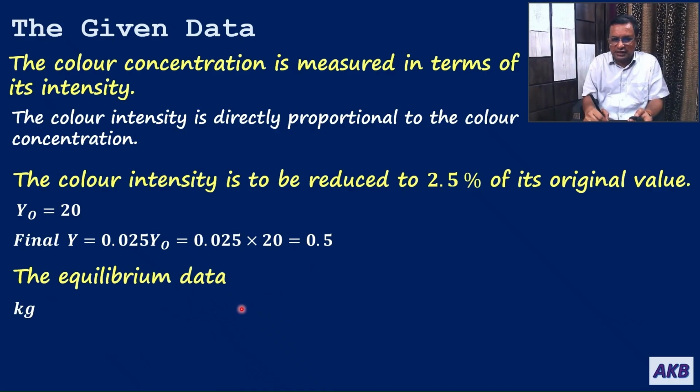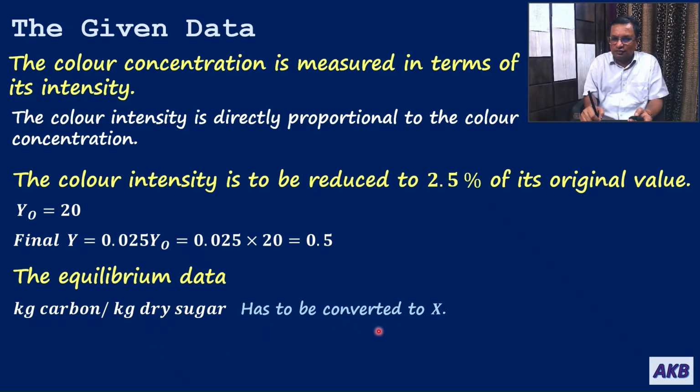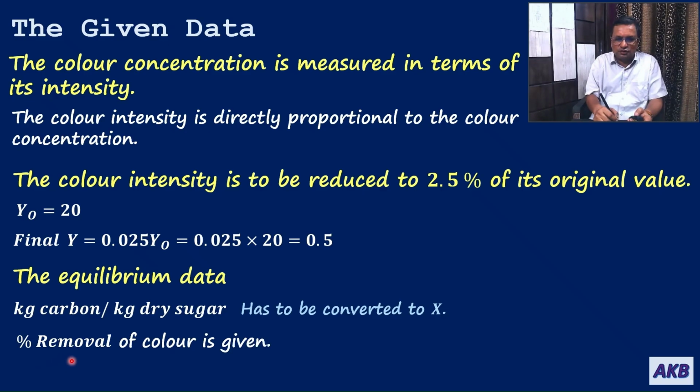The equilibrium data is given. We have different values of kg carbon per kg dry sugar. We will have to convert it to capital X, and for this conversion we will also need the values of percentage color removed.